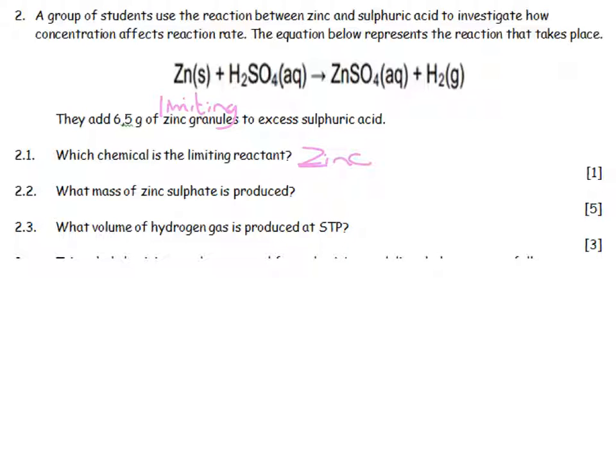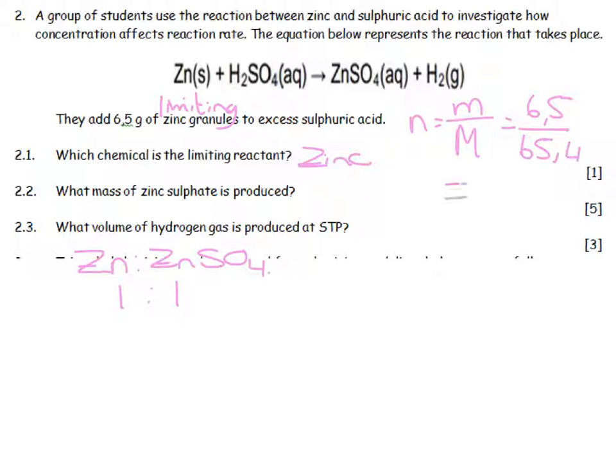What mass of zinc sulfate is produced? What is the relationship between zinc and zinc sulfate? It is a 1:1 ratio, but I don't have 1 mole. I've got 6,5 grams, which is number of moles, mass over molar mass: 6,5 over the molar mass of zinc, 65,4, which lands me with 0,1 moles. Keep it in your calculator. 0,1 is to 0,1.